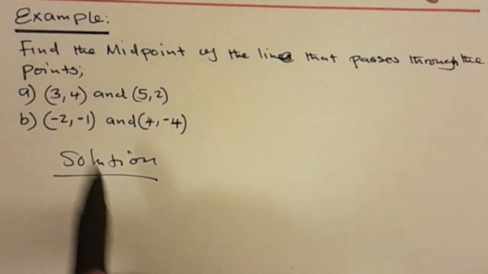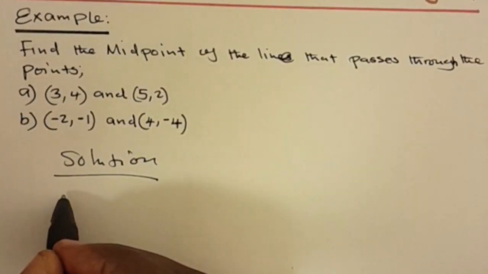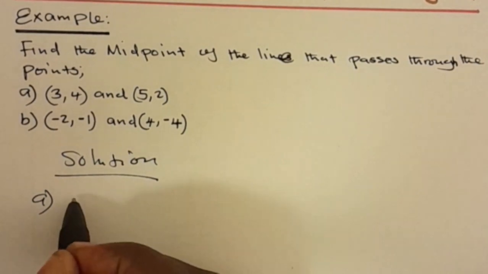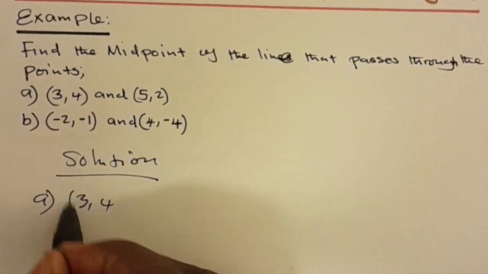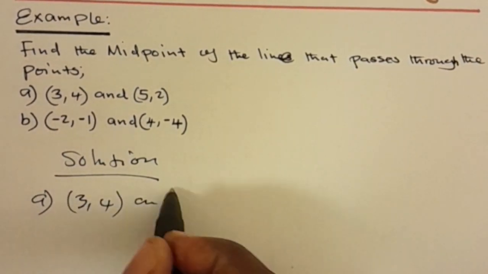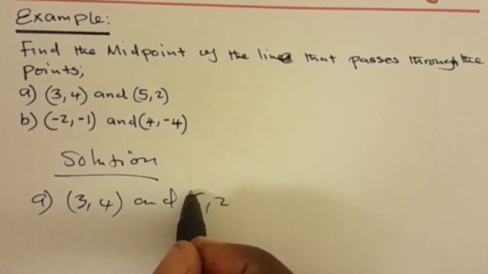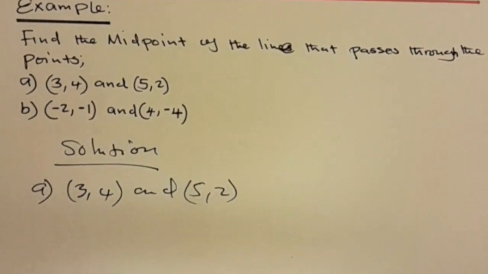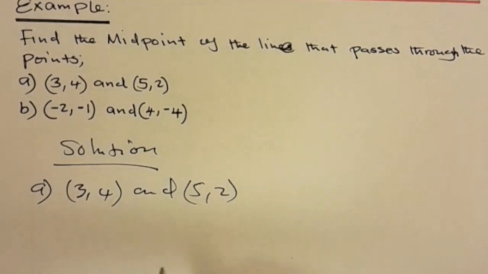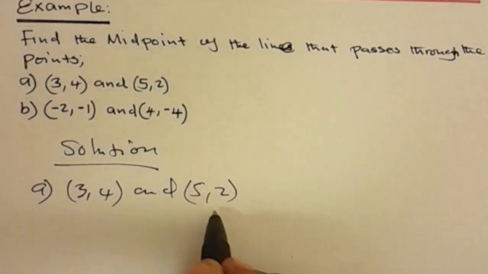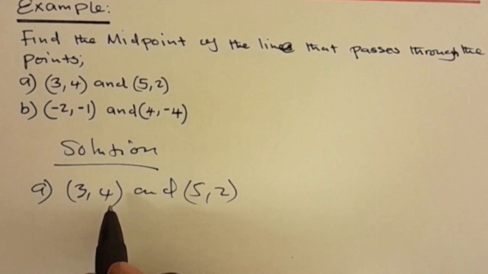So at A, we have the points 3,4 and 5,2. So the first thing that you're supposed to do is give these points a number or a name.